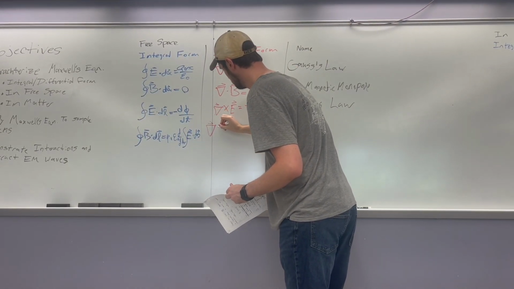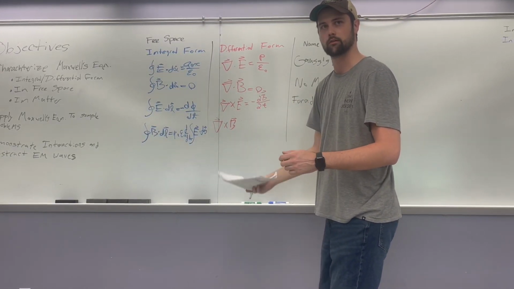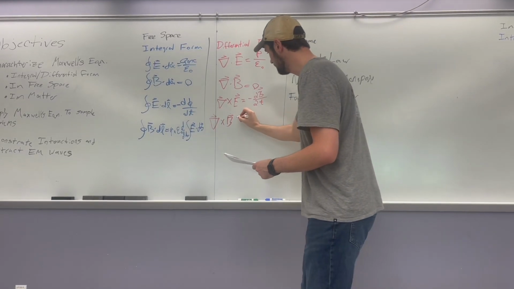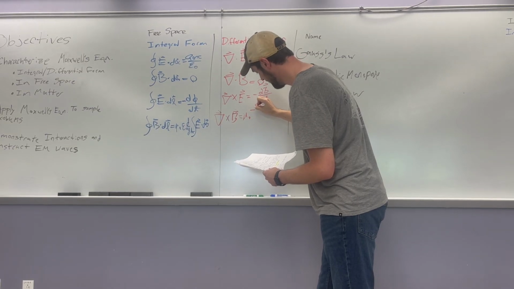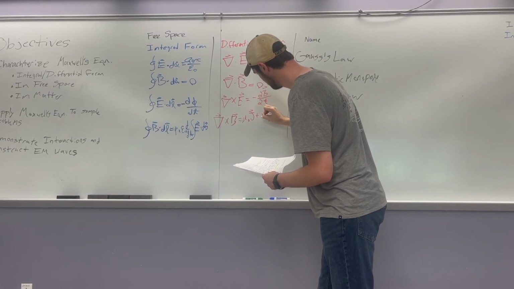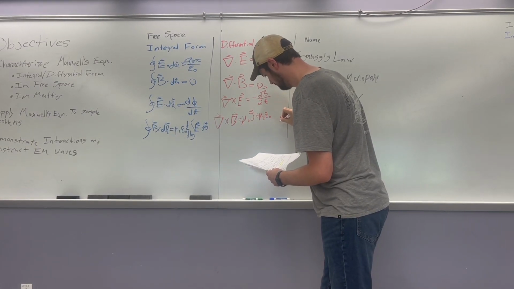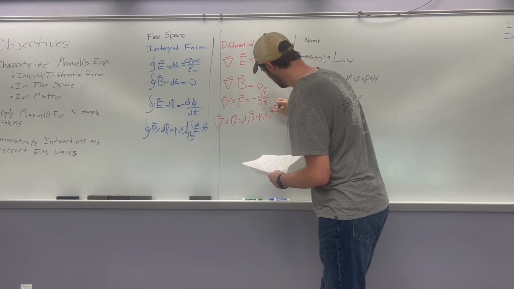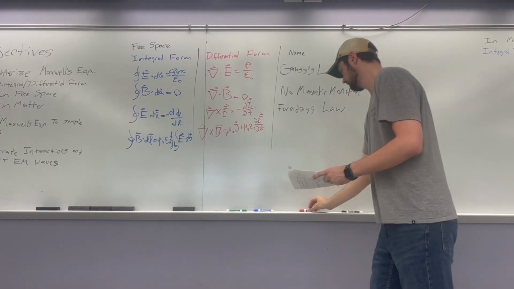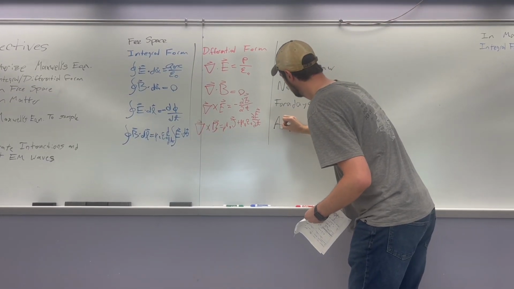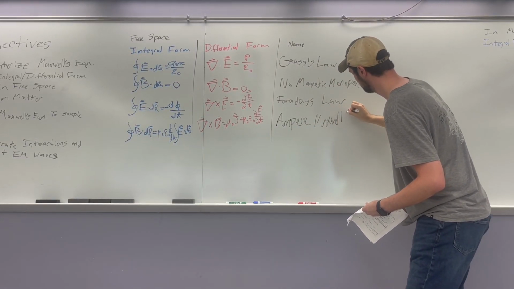Del cross B, see, it's the opposite of Faraday's law, it's working with B fields instead of E fields, is equal to mu naught J plus mu naught epsilon naught partial E with respect to t. And that is the Ampere-Maxwell law.